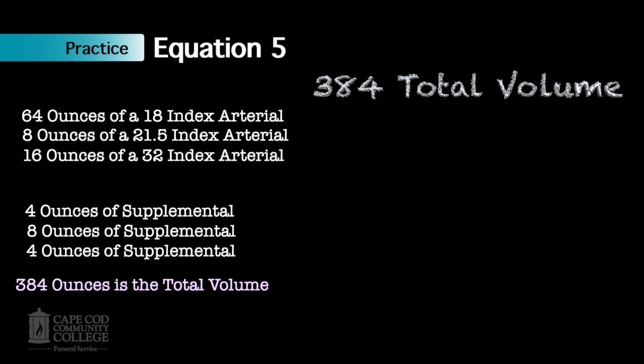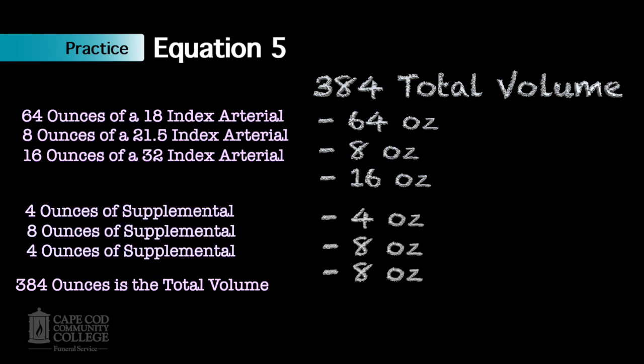Then we're going to subtract each of the arterial chemicals, and then we're going to subtract each of the supplemental chemicals. By removing everything that is in the tank that we've added from the total volume, we're left with the only thing that we don't know the volume of, and that's the amount of water in the tank.